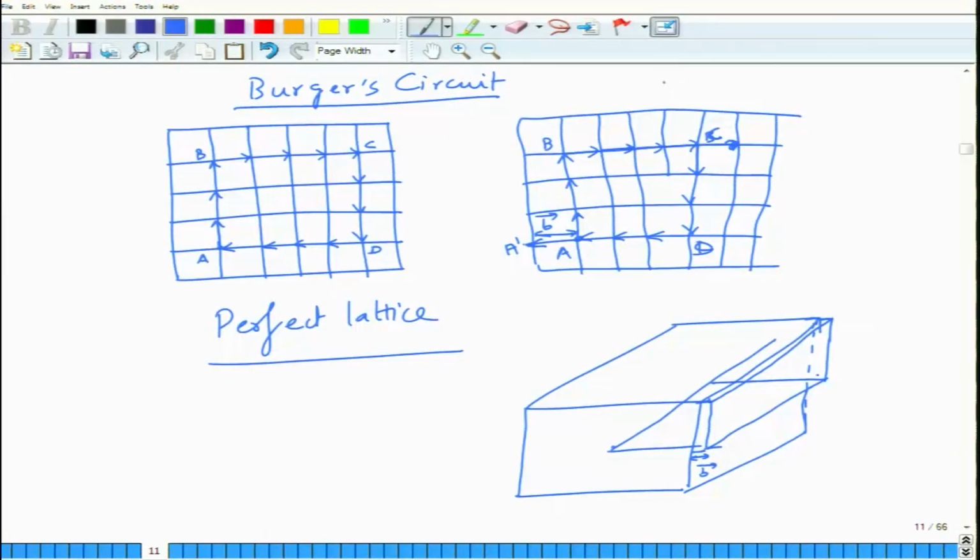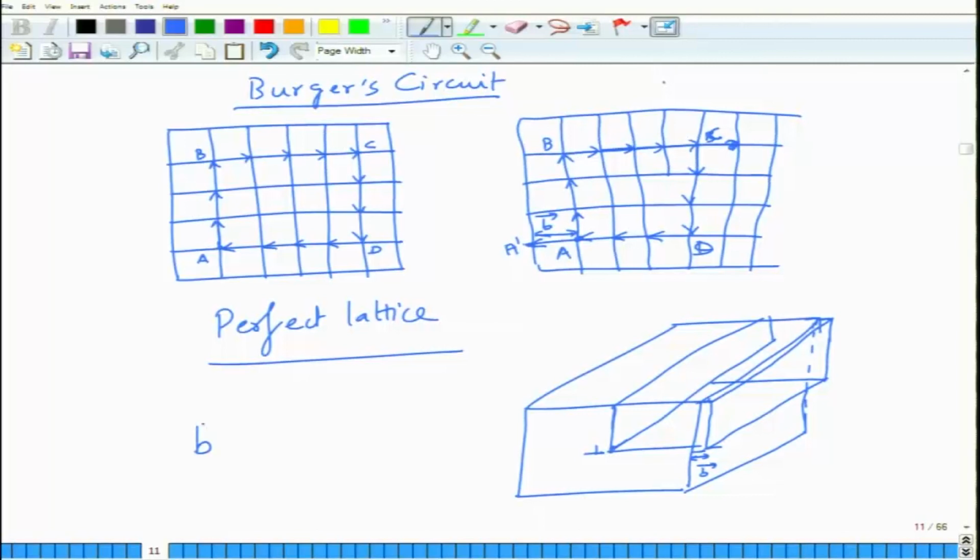This is your extra plane of atoms. So the Burgers vector is perpendicular to the dislocation line in the case of edge dislocation. This is a positive edge dislocation, and this is the Burgers vector.